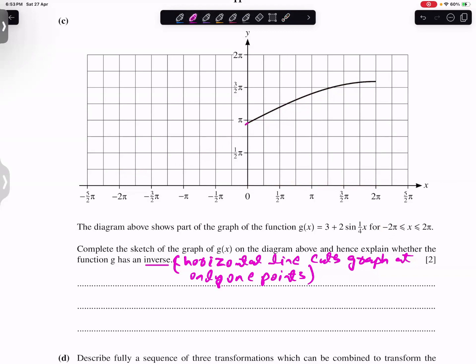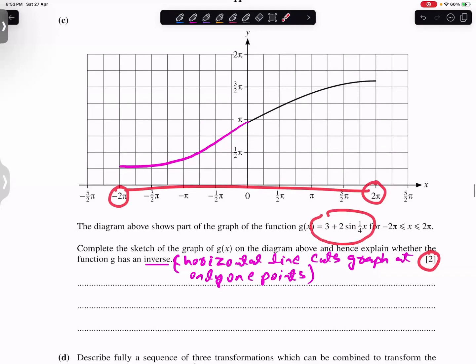So this is the graph of this function from minus 2 pi to 2 pi. For 2 marks.